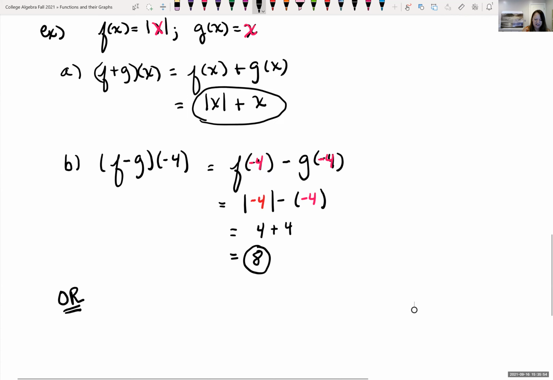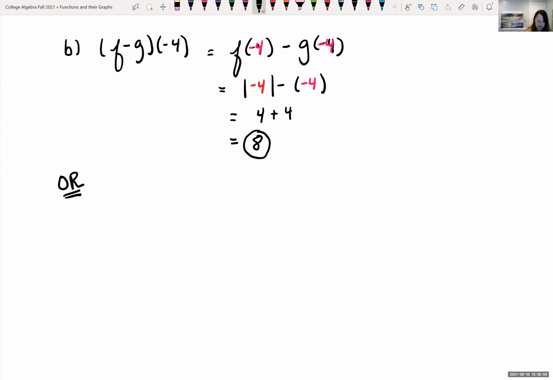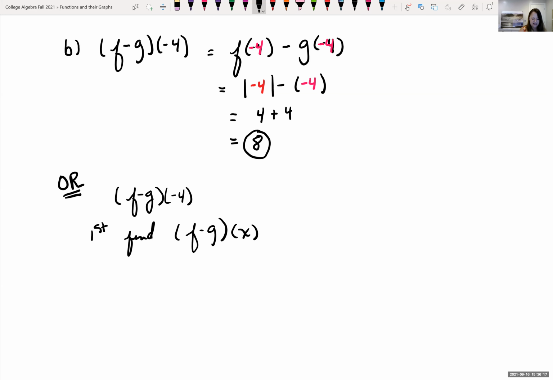We could have done the process a little differently. If we were trying to find (f - g)(-4), we could first find (f - g)(x). And if we did that, f of x again was the absolute value of x, minus g of x, which was just x.